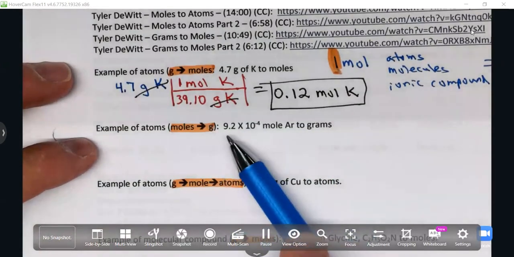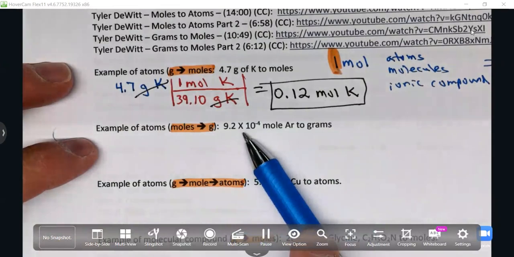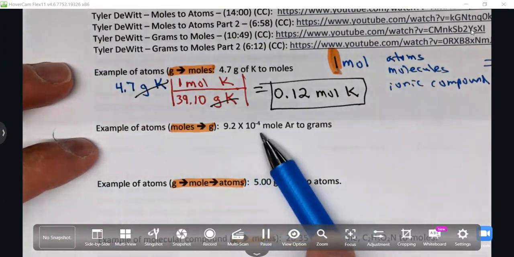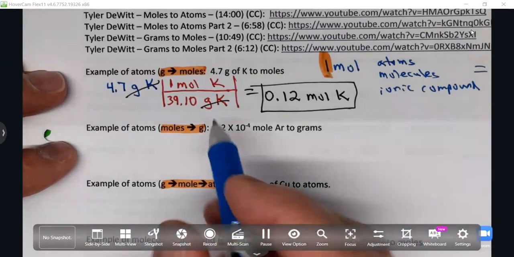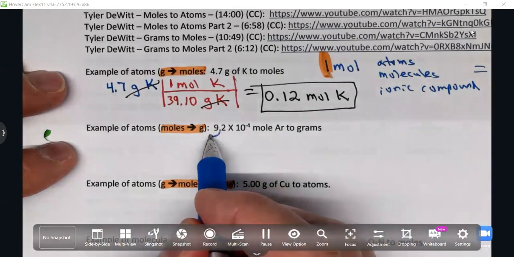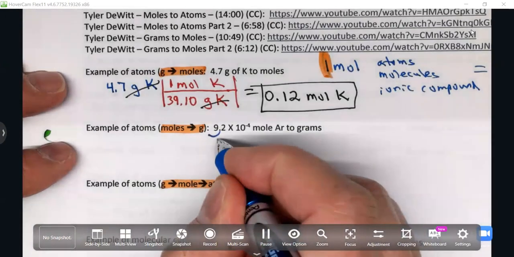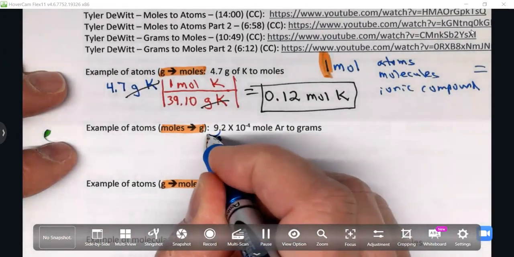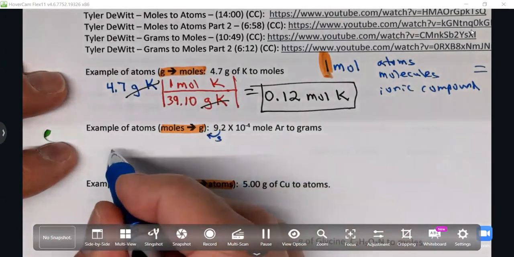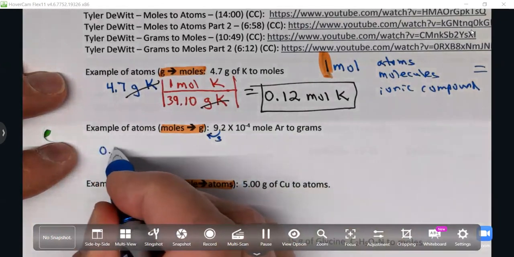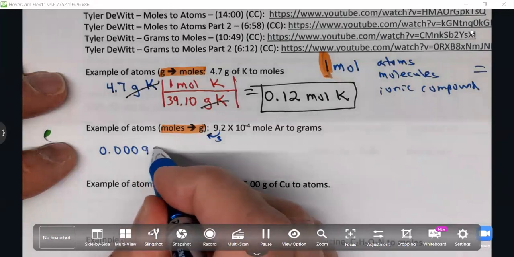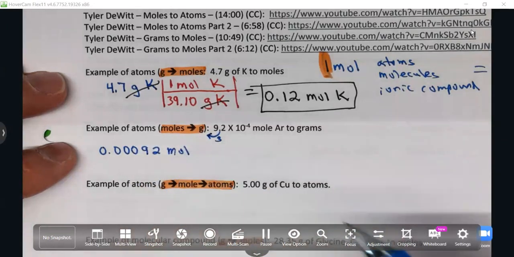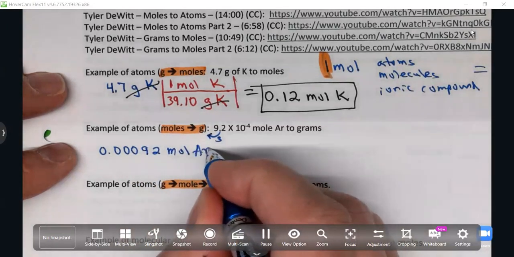This next one, we have 9.2 times 10 to the minus 4 moles. Let's take this out of scientific notation. So if we move this 3 to the left, we are going to start with 0.00092 mole of argon.